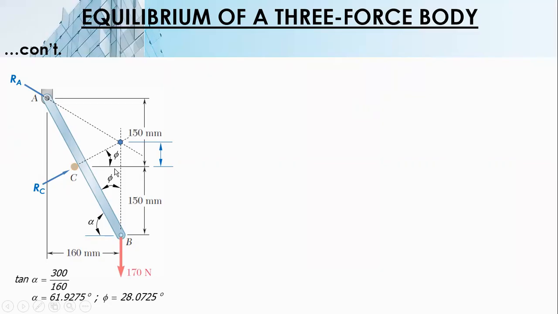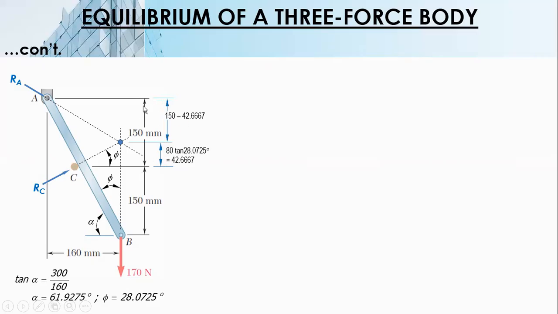We can compute this one. Tangent of phi is y over x. Therefore, y is equal to x tangent phi, or x tangent of 28.0725, and the value is 42.6667. And from here, we can compute for this distance.